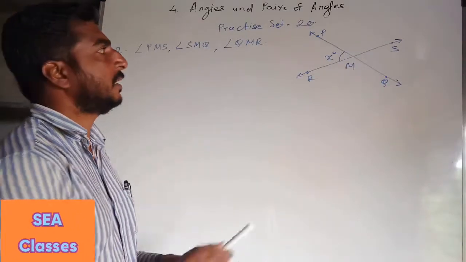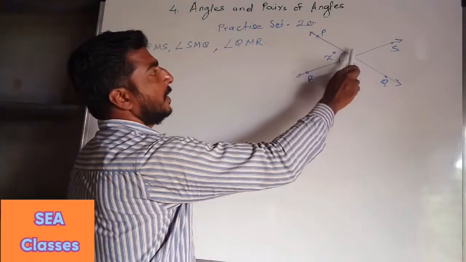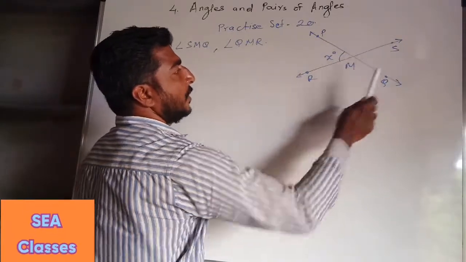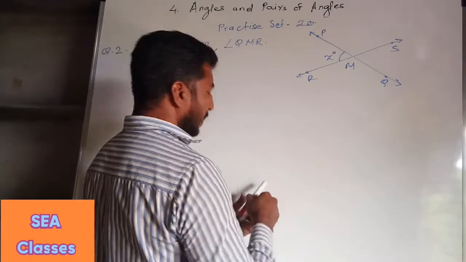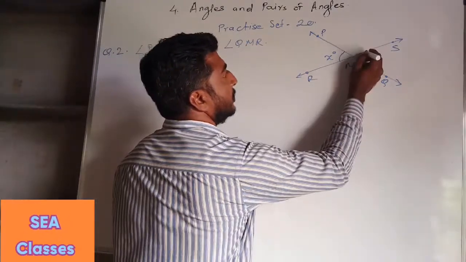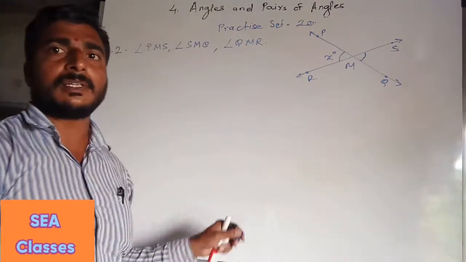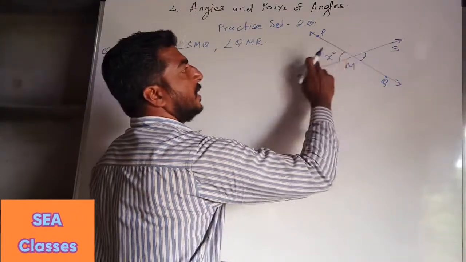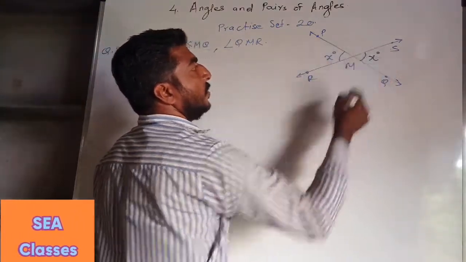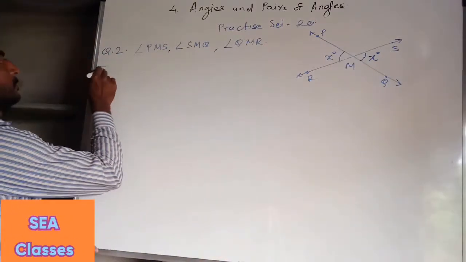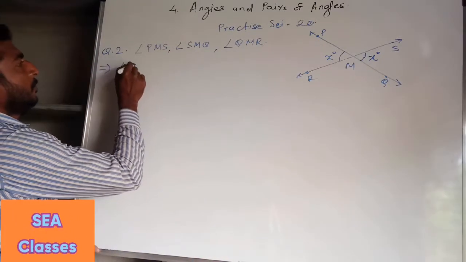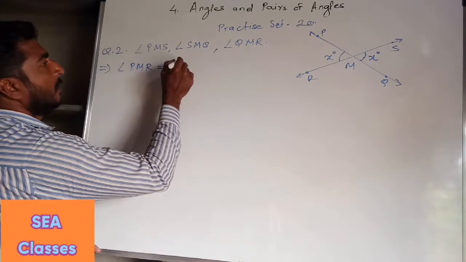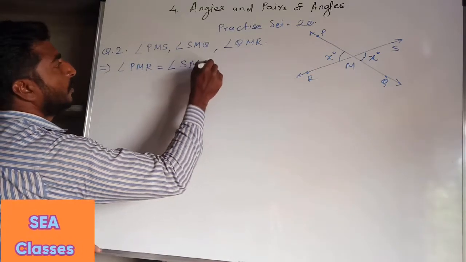So as you know, vertically opposite angles. Angle PMR is vertically opposite of angle SMQ. Means these two angles are vertically opposite angles. And you know the property of vertically opposite angles, that vertically opposite angles are equal in measure. Therefore this angle will also be x degrees. So you have to explain it here. Angle PMR is equal to angle SMQ.